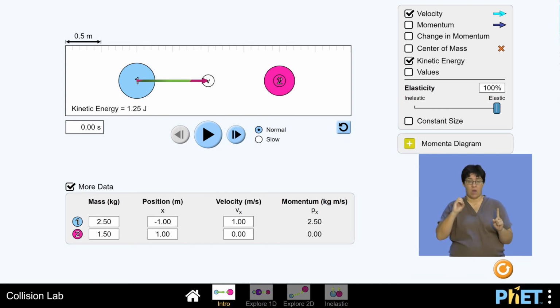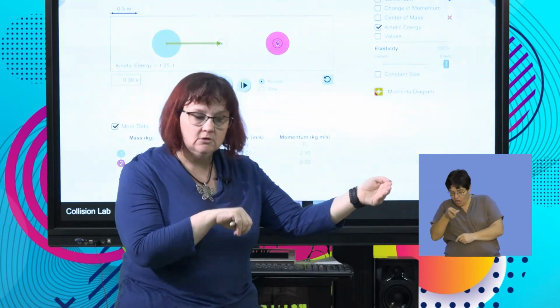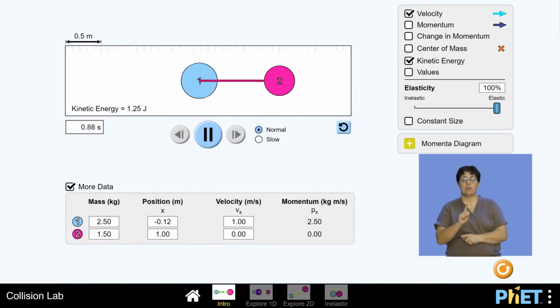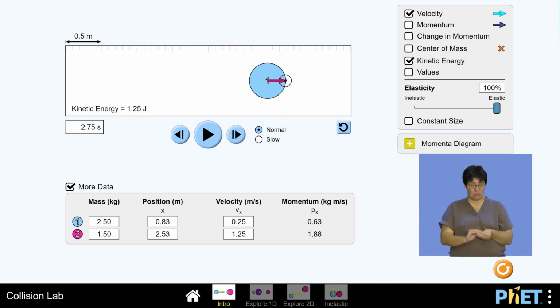Number 2 has no kinetic energy because it's stationary. When it hits number 2, some of the kinetic energy from number 1 gets transferred to number 2. Number 1 keeps going, but my total is still 1,25. Number 1 goes slower because of the collision, and number 2 speeds up, but they still go.